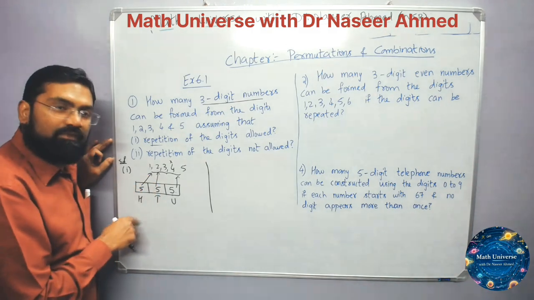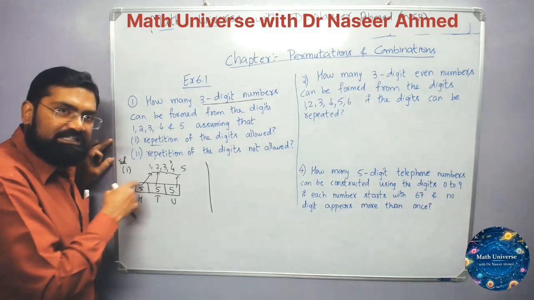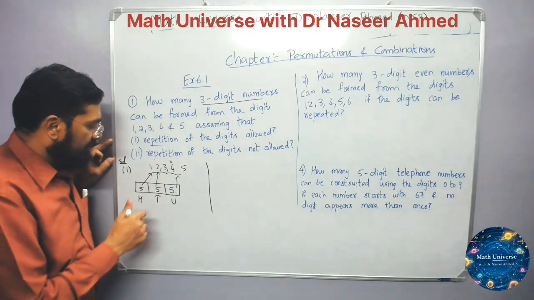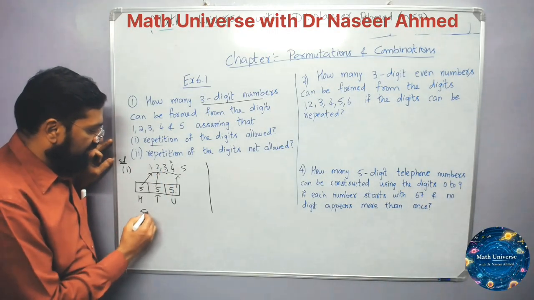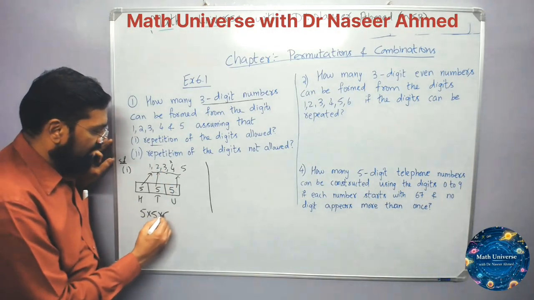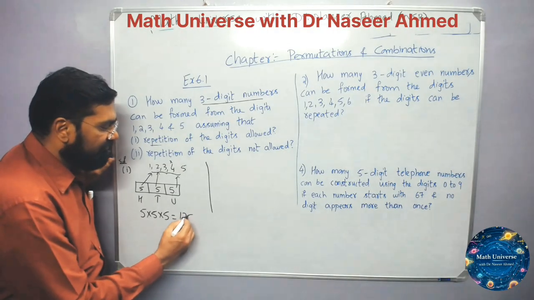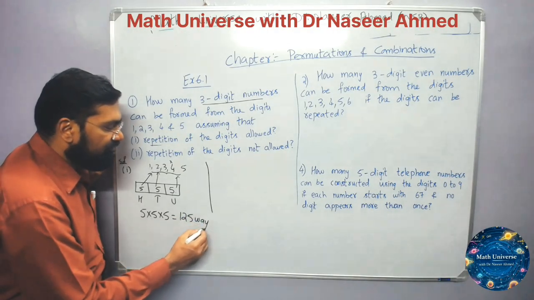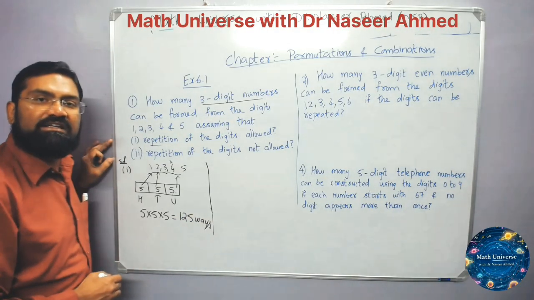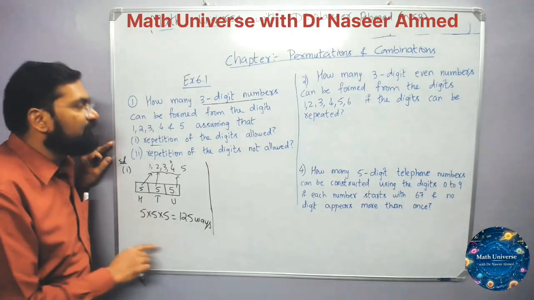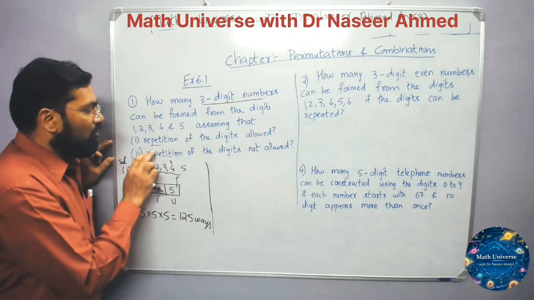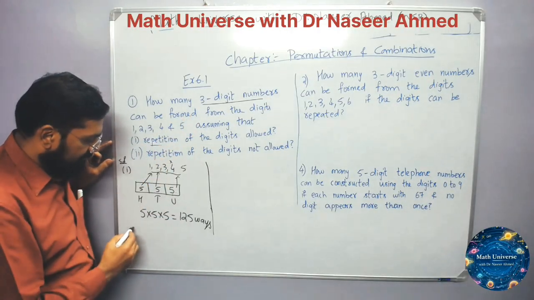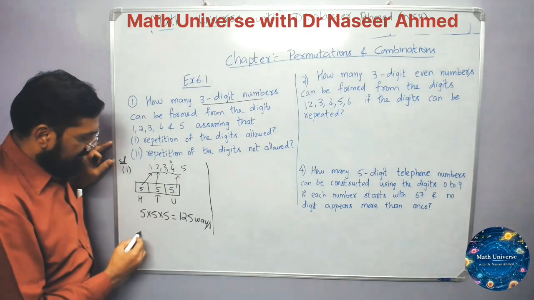Now you can see all of these occur, following each other. So by the fundamental principle of counting, I can multiply 5 into 5 into 5, which will be 125 ways. So we can arrange this in 125 ways.